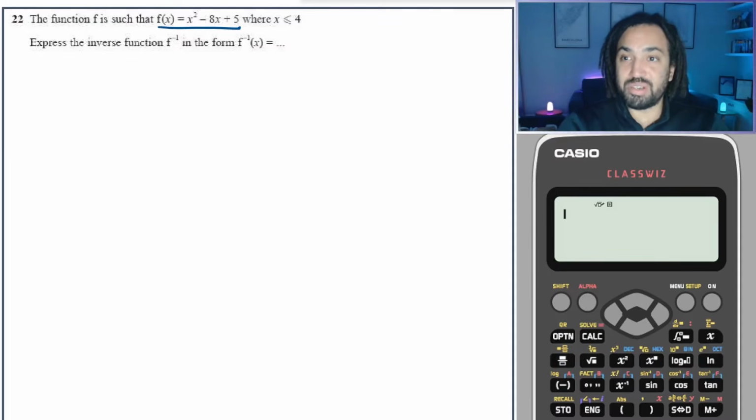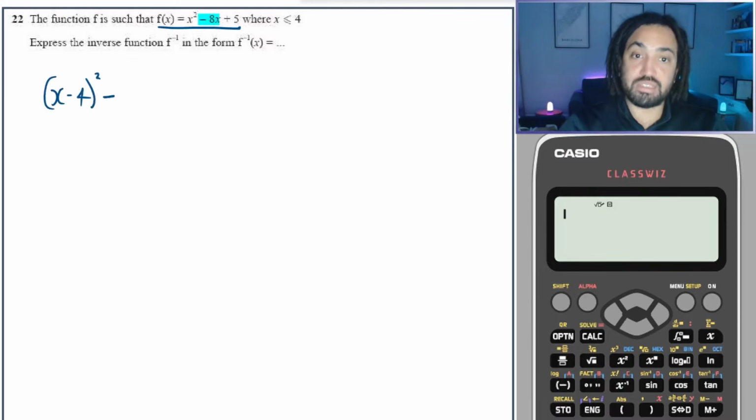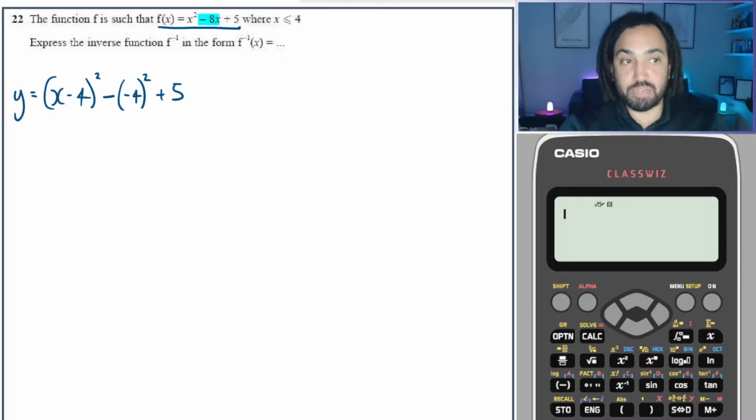So what we're doing is we're always looking at the coefficient of the x. In this case it's minus 8. We half it, we get minus 4. So we write x minus 4 all squared, always minus, and then that value again, minus 4 squared. And we've also got plus 5. Okay, and we're finding the inverse function, so we're going to set it equal to y, and then we'll do the swapperoo in a moment.